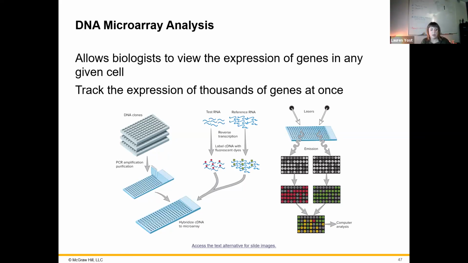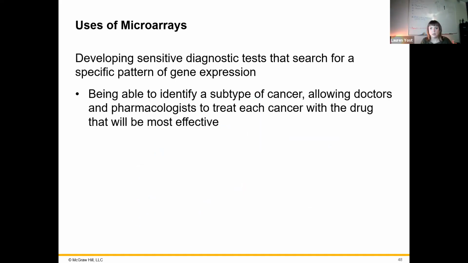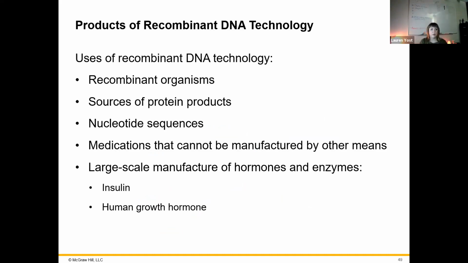That's essentially the idea of microarray analysis. That allows us to determine what genes are being expressed or made actively in the cell. This can let doctors and apparently pharmacologists look at RNAs that are being made in cancer patients and help target genes specifically that would be involved in cancer.